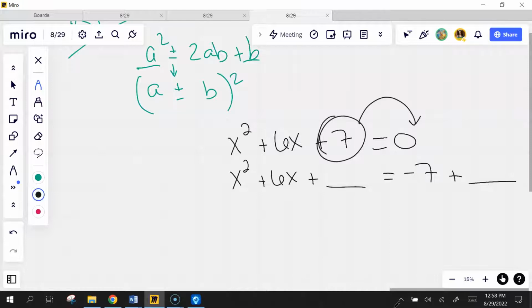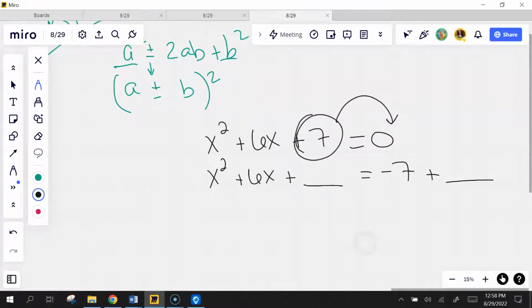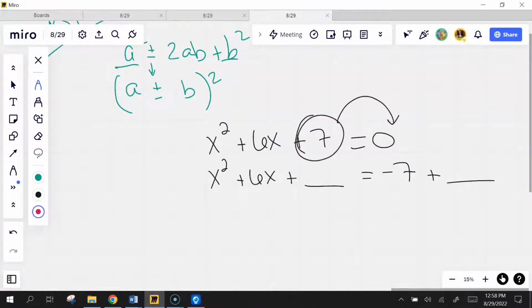And now I find that good C, the one that makes it square dance, right? And how do I find that? Right. And that goes in both holes. So I have 9 and 9.